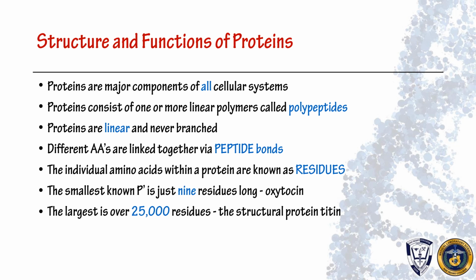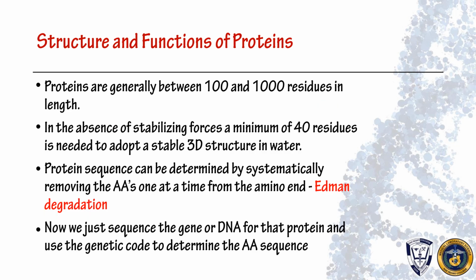And then the smallest known protein is just 9 residues long, which is called the oxytocin, and then the largest one is over 25,000 residues, which is called the titin. Proteins are generally between 100 to 1,000 residues in length.